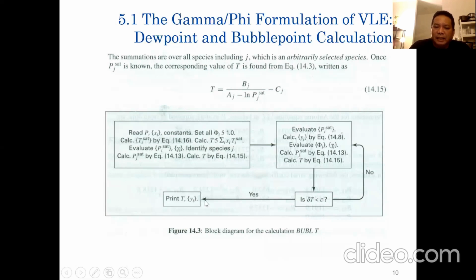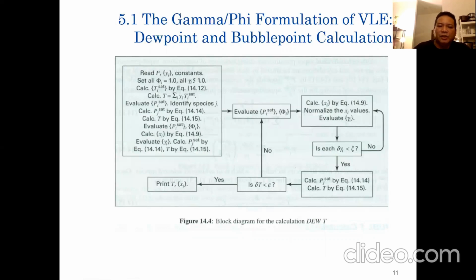If yes, then get the T. If not, then we repeat the calculation again with the new T. So over here we got the T, and this is the set T or guessing T. So we use that T again and calculate.